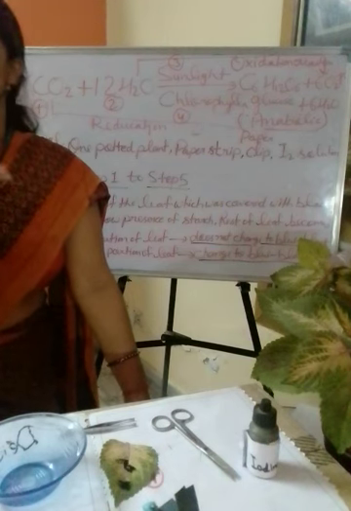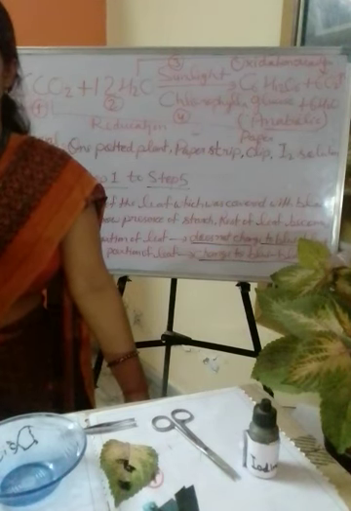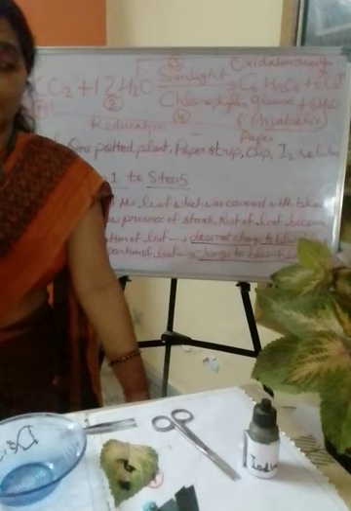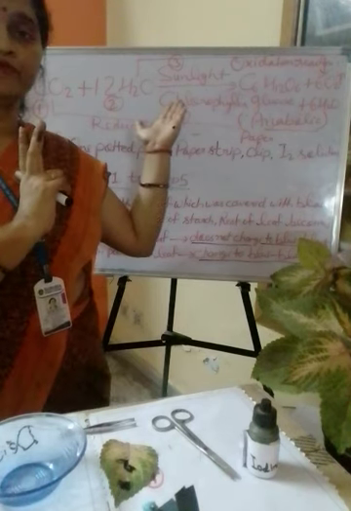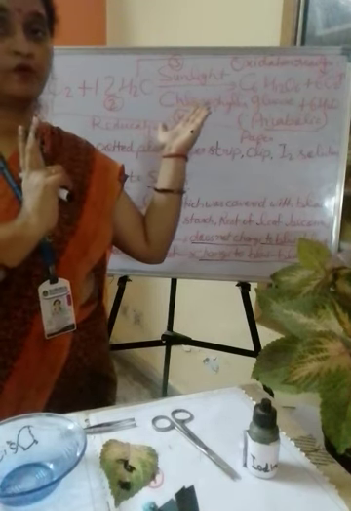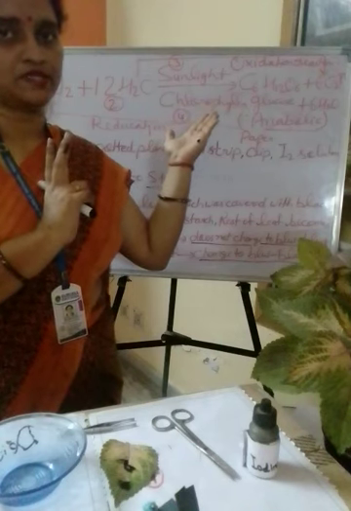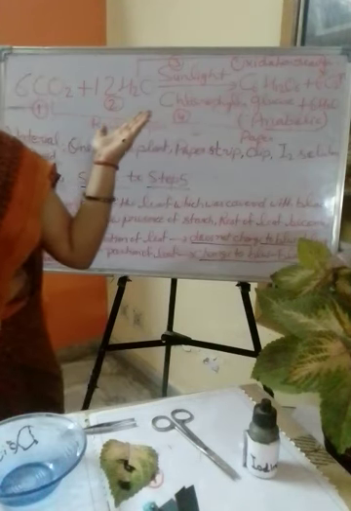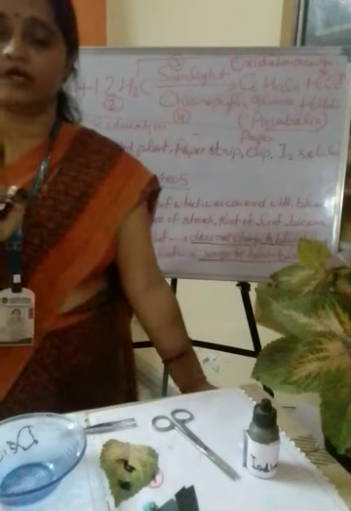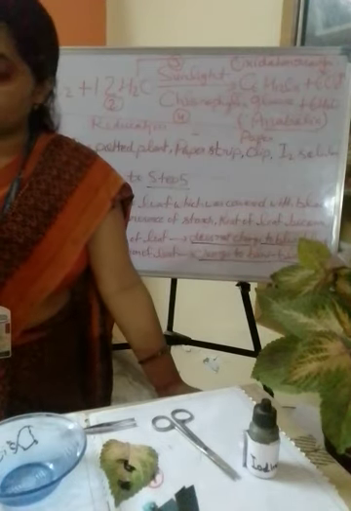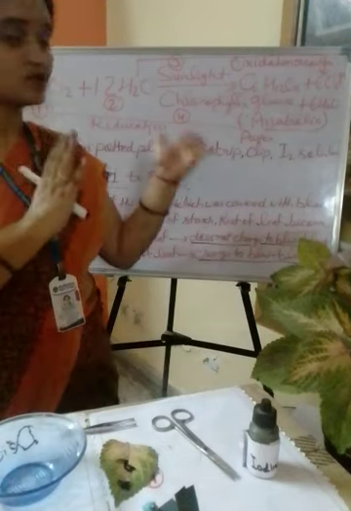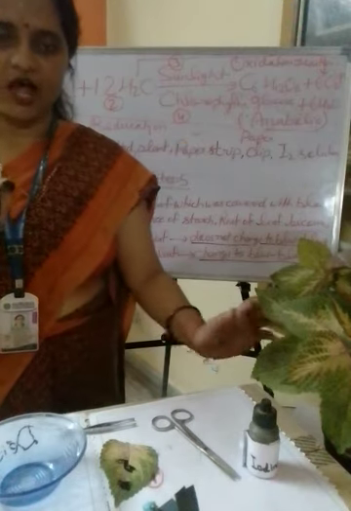Okay. Second, for your homework, now what are the raw materials of photosynthesis? Describe it. Third question is give which chemicals is used the test for starch.